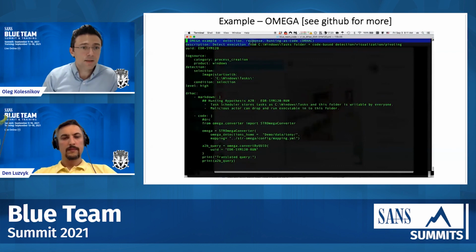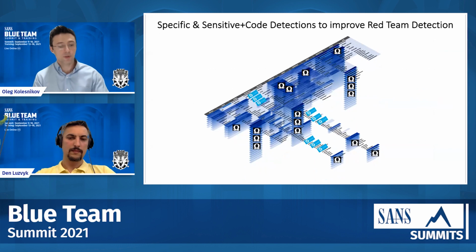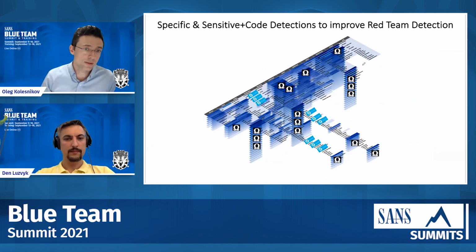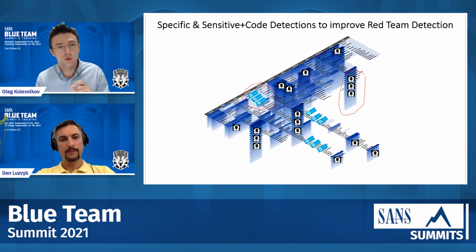So the other highlight I have for you is if we go back to the bathymetry, now that we know about some of these key concepts, right? If you look at these deeper areas and the shallower areas, we as blue teams can still use Sigma for the shallow detections, right? But for the deeper ones, we could start using Omega and add code to the mix, so we can obtain much more filtered, much better signal out of it.